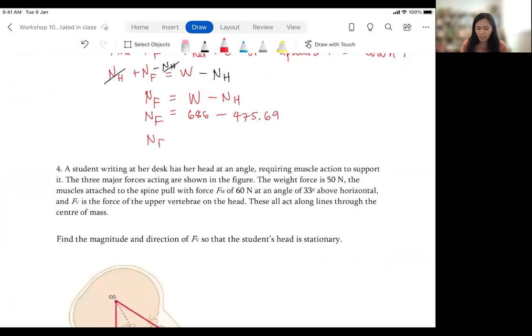So that gives us N feet is equal to 210 newtons, but this is again for both feet. So for one foot, we have 210 divided by 2, which gives you 105 newtons for one foot.